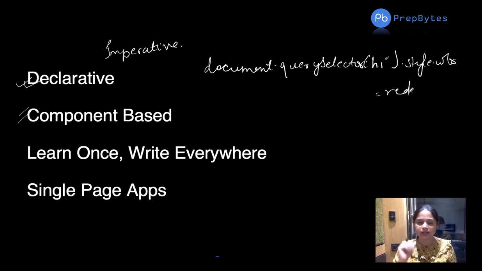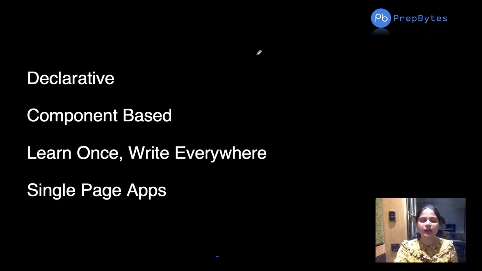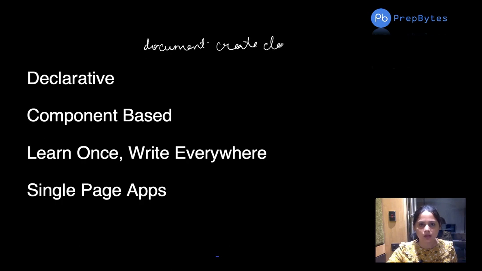Or let me give you a better example. Let's say I want to add one element on our page, an h1 heading. If I have to do that using JavaScript, I go ahead and do document.createElement, and h1.